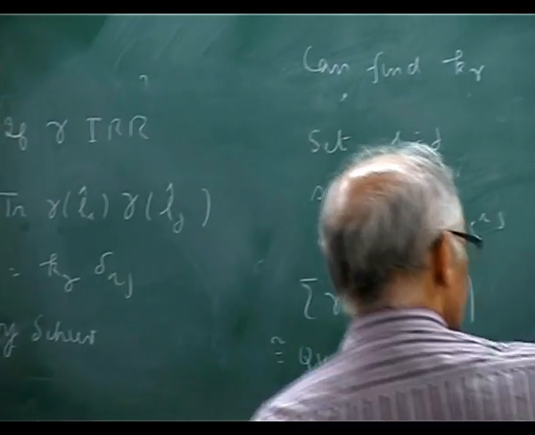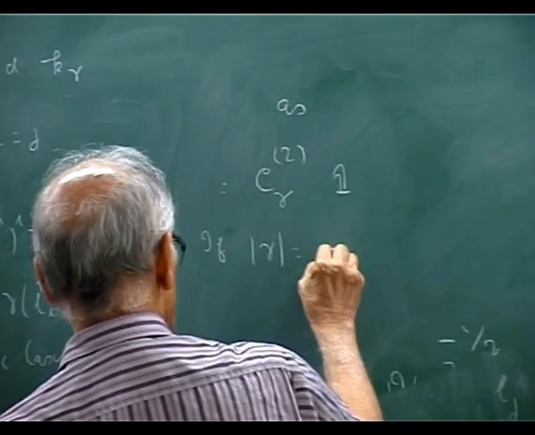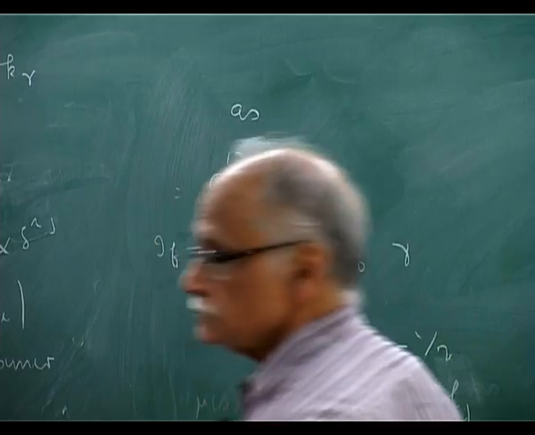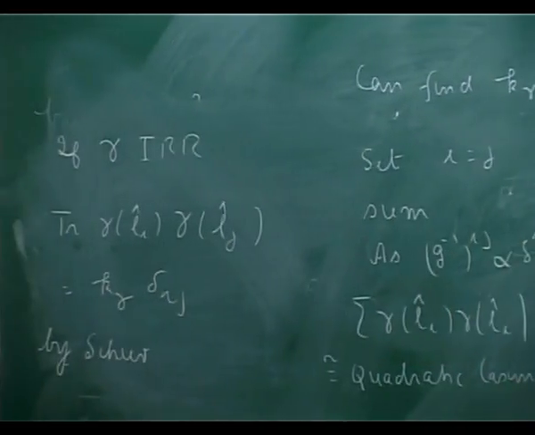So if d gamma is the dimension of gamma, the trace is in the representation gamma.